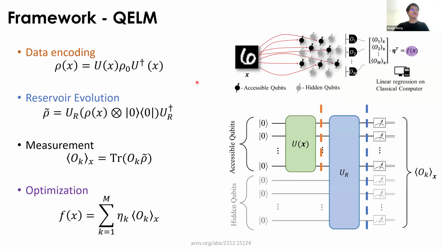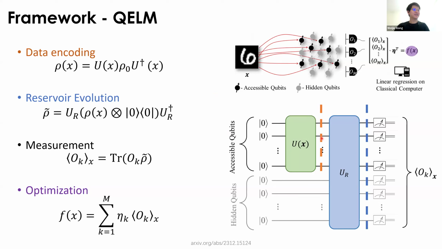After we define the framework of QELM, we draw the circuit diagram, and we can write down the state of the system after each step. First, the initial state of the accessible qubits is denoted as 0, 0, and rho x is the state after data encoding.